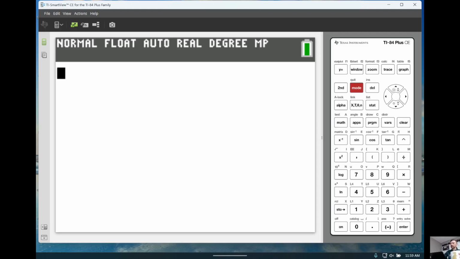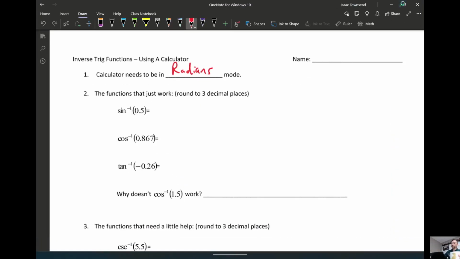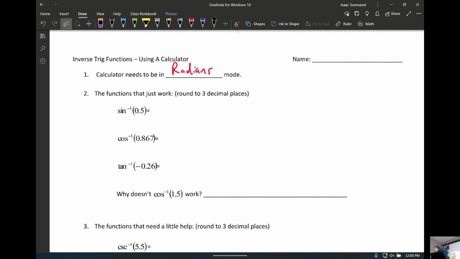But if your question is an inverse sine, inverse cosine, or inverse tangent question, your calculator has been pre-programmed to make these just work. So if you're in radian mode, you can do inverse sine of 0.5, hit enter, and what it says is your answer. It's about 0.524.